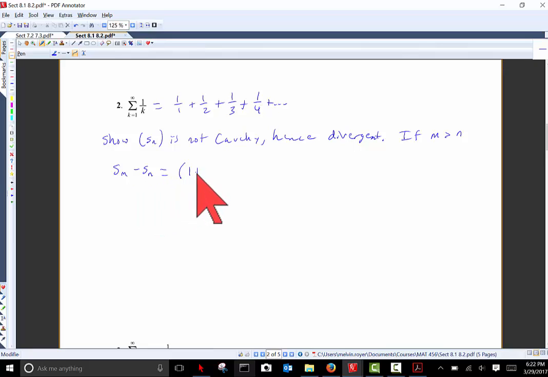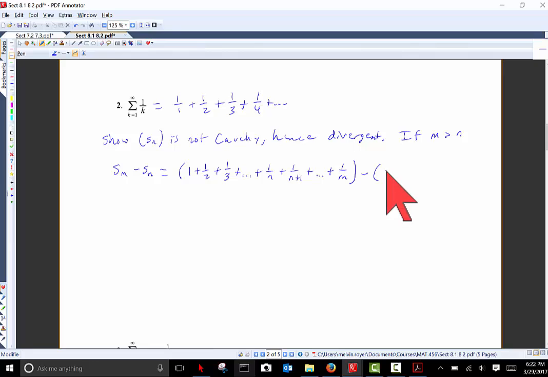The S sub m part is going to be 1 plus a half plus a third and so on, plus dot dot dot. Eventually we're going to get out to a 1 over n term. Since m is bigger, eventually I get to n, and then the next one 1 over n plus 1, and then some more, and then finally I get out to the last term, 1 over m.